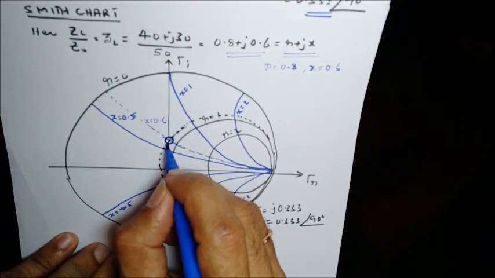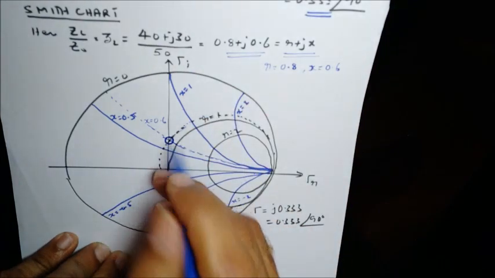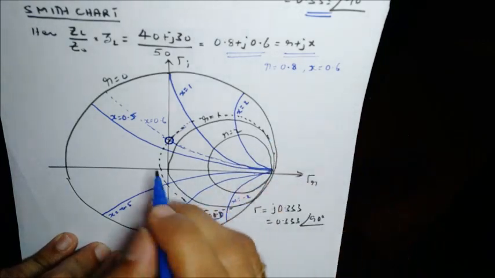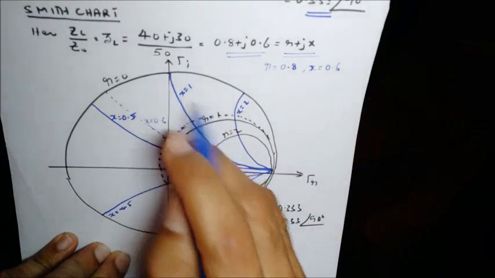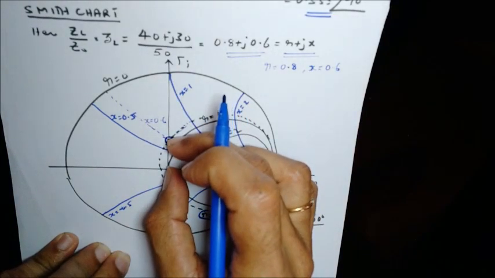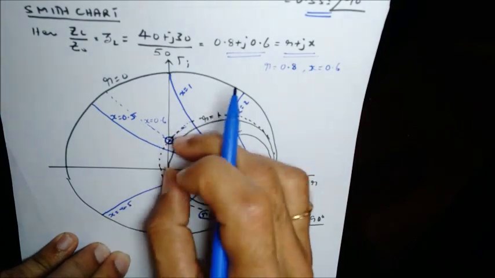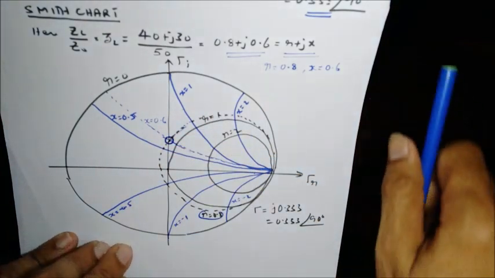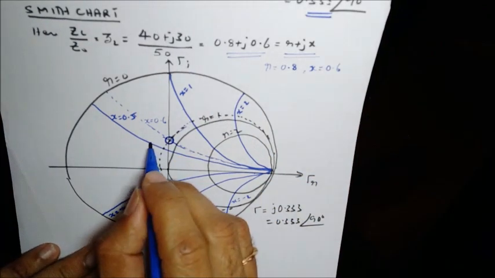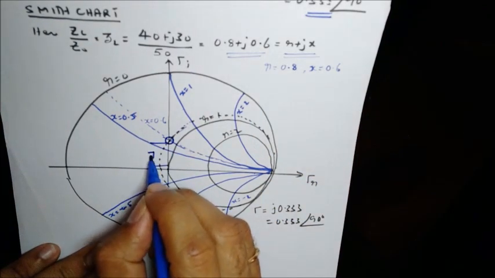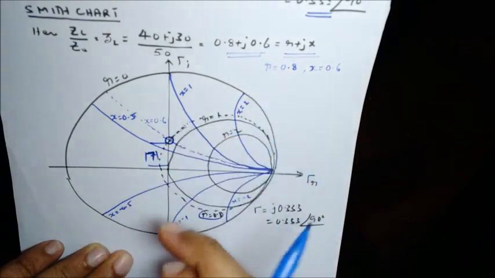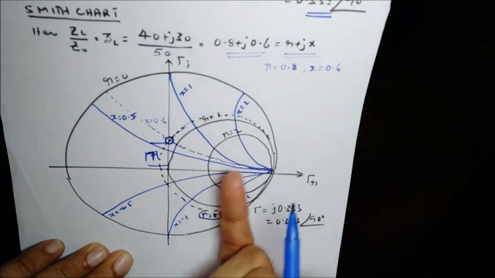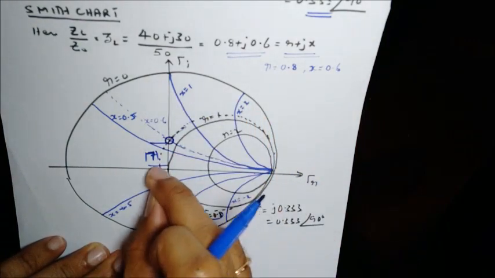And the reflection coefficient, which you can read from this point straight away from the Smith chart, is the reflection coefficient that we are looking for. So at this point, gamma r is 0 and gamma i will have some value, which I will show how to get from the actual Smith chart. So there will be some value here which will be the magnitude of gamma, and the angle will be 90 degrees, because gamma is purely imaginary since gamma r is 0.